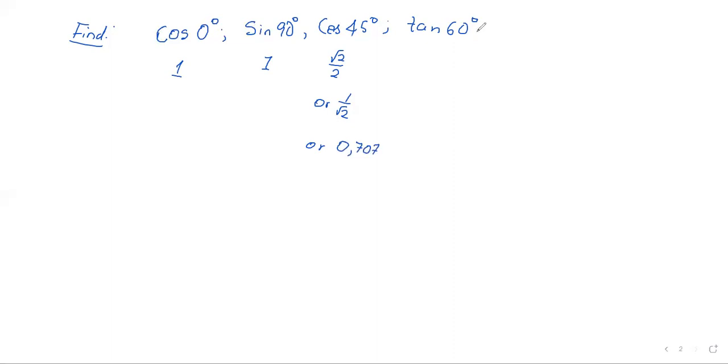And the tangent of 60 will be root 3 over 1, which is root 3, and then the sine of 60 will be root 3 over 2, or 0.866 when you punch that onto your calculator.